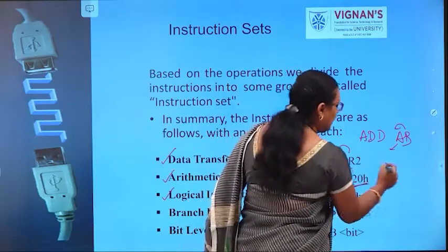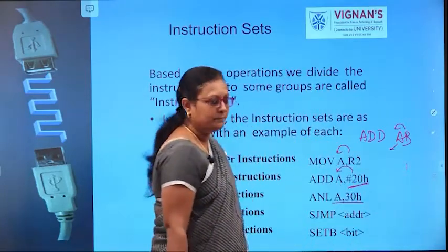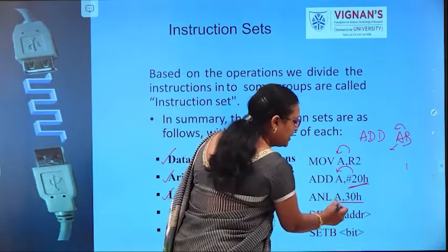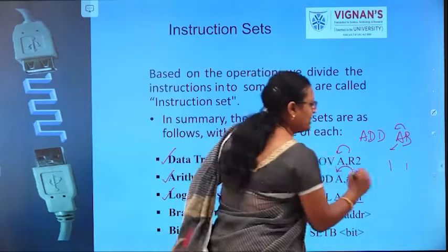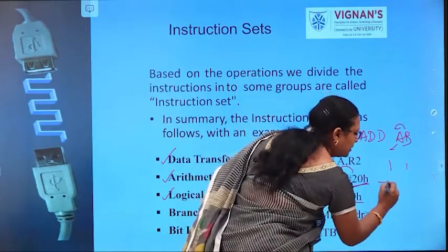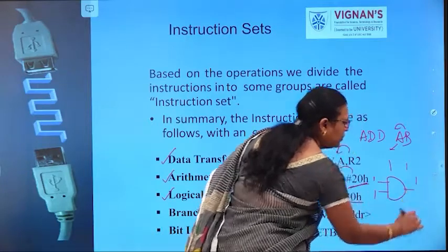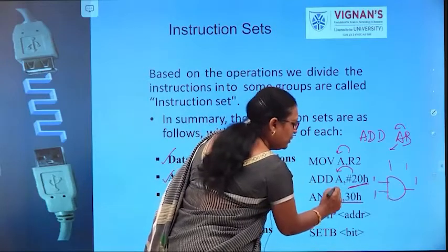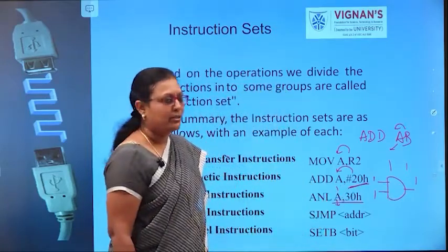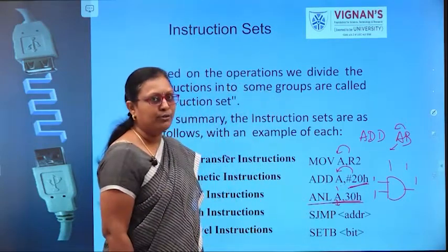For example, if this 30H consists of data 1, and this accumulator consists of data 1, these two have to be ANDed. If you are giving two inputs of 1 to an AND gate, what will be the output? So 1 is the output. This 1 has to be stored again in this accumulator. So that is the entire meaning of that command.